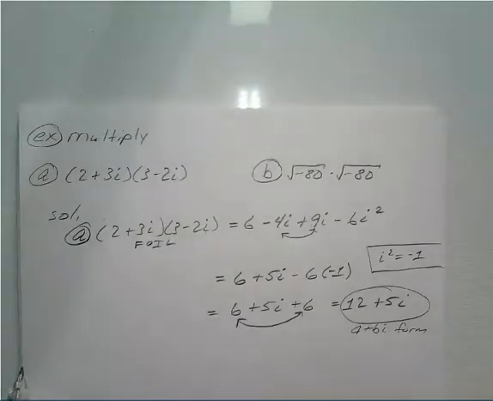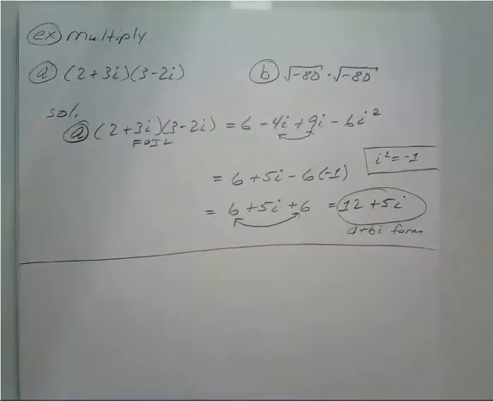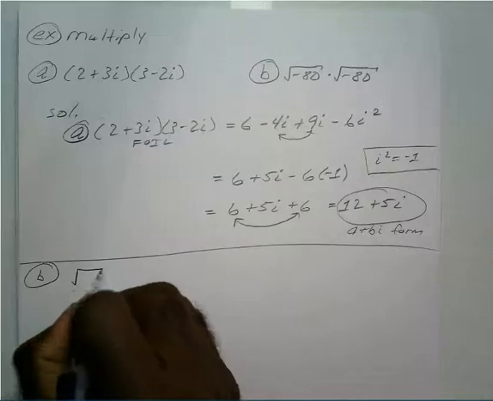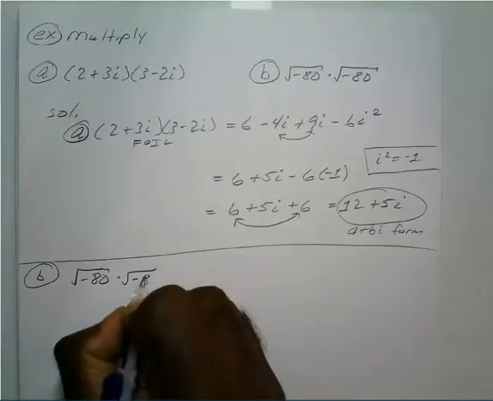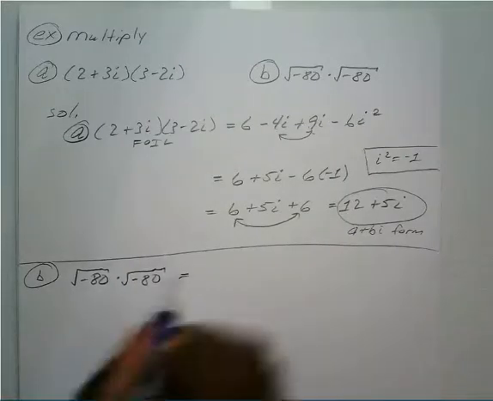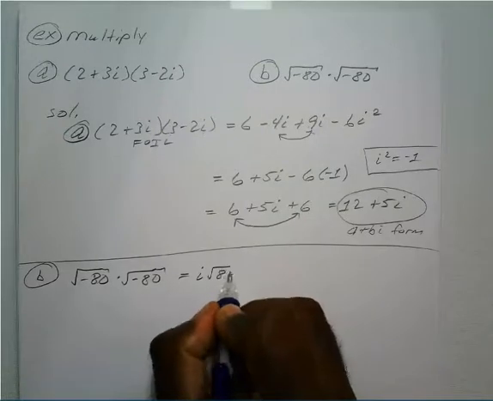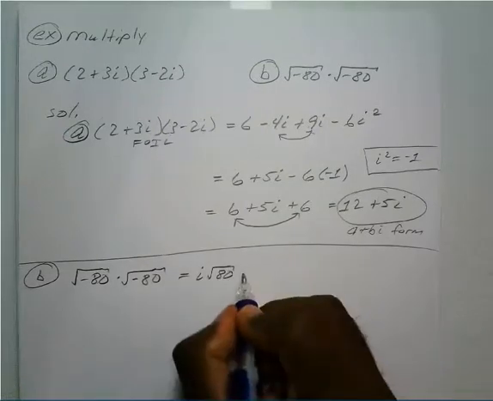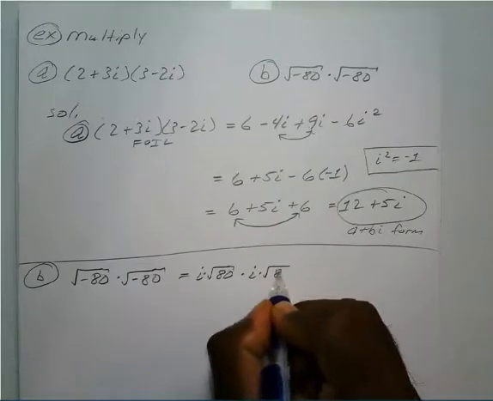Alright, so let's go ahead and start on question B. Okay, so you have square root of negative 80 times square root of negative 80. Remember, square root of negative 80, you can make that i times square root of 80, times i times square root of 80.